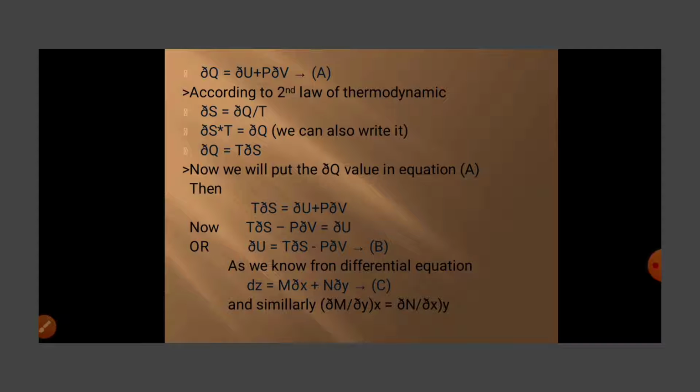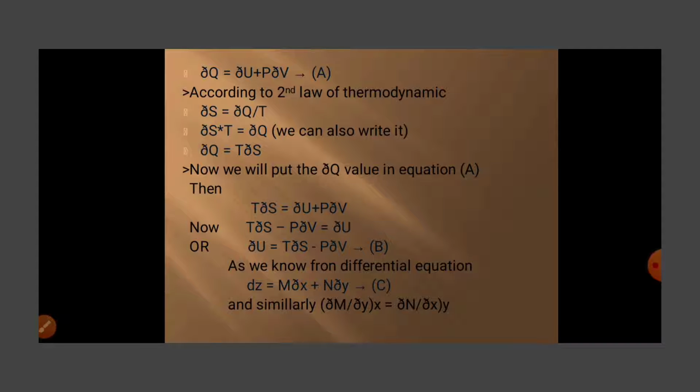We can look at equation B. This is related to a differential equation. We know the differential equation dz equals M dx plus N dy. We can write it as equation C, and similarly we write equation C in the form ∂M/∂y at constant x equals ∂N/∂x at constant y.